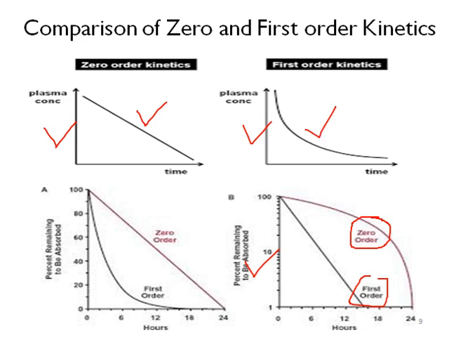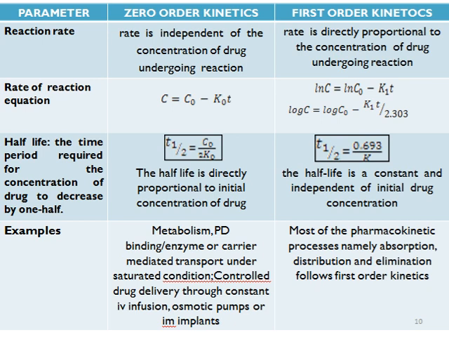Apart from graphical representation, the other differences which are observed between zero and first order kinetics are, first one, the reaction rate. As we have seen, the reaction rate for zero order kinetics is independent of the concentration term, whereas in case of first order kinetics, the rate is directly proportional to the concentration of drug undergoing the reaction.